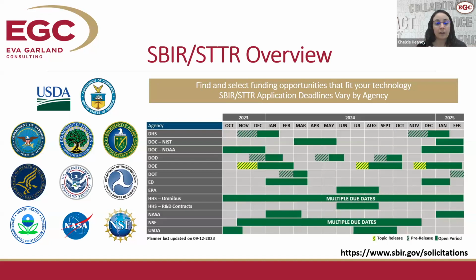For NIH, we have 3 major deadlines for the omnibus solicitation: September 5th, January 5th, and April 5th every year. With omnibus, much like a general R01, you can submit whatever project you're interested in conducting to the NIH.